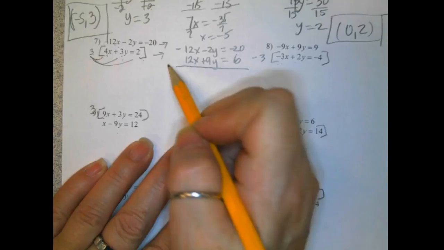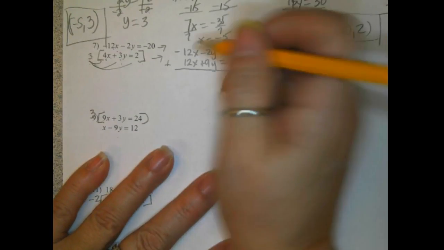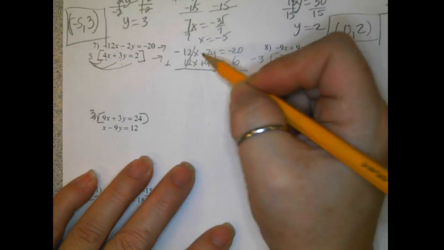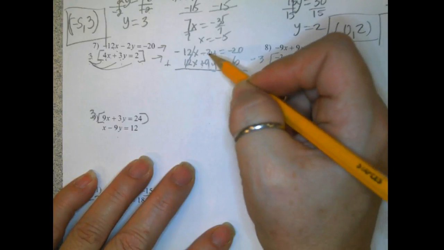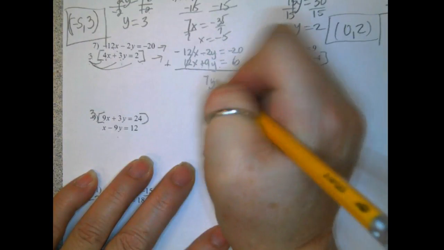Now I'm just going to add them together. What am I eliminating, x's or y's here? I eliminate my x's. So here I have a negative 2y and a positive 9y. So 9 minus 2 is going to give me what? 7y.